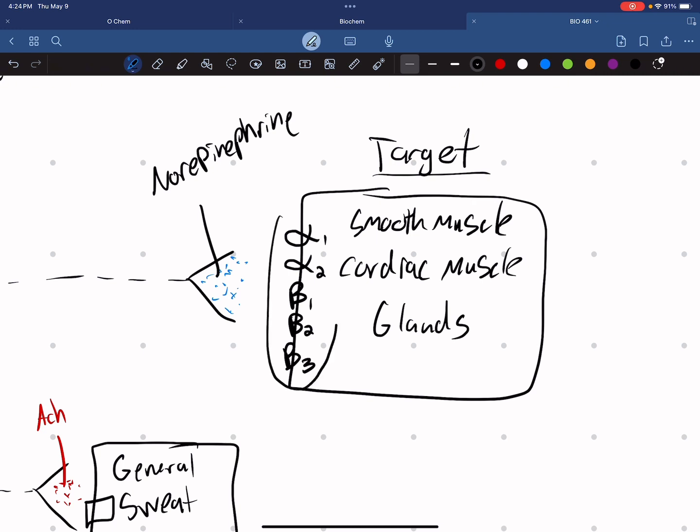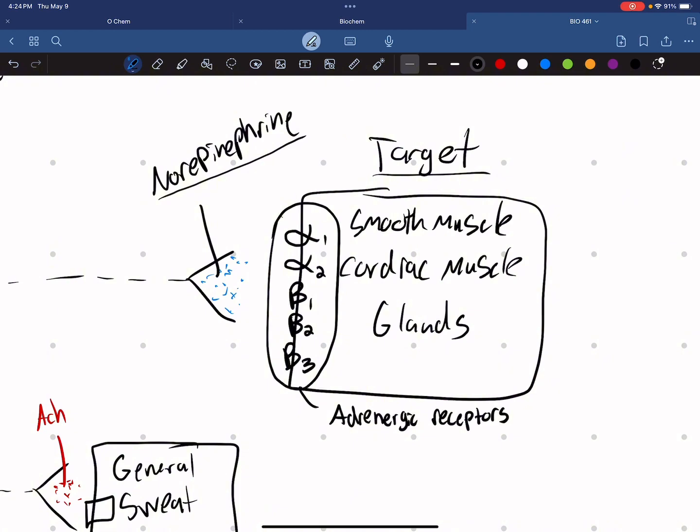And so all of these receptors can be labeled adrenergic receptors because they bind to the neurotransmitter norepinephrine and epinephrine, which can be found in the adrenal gland.